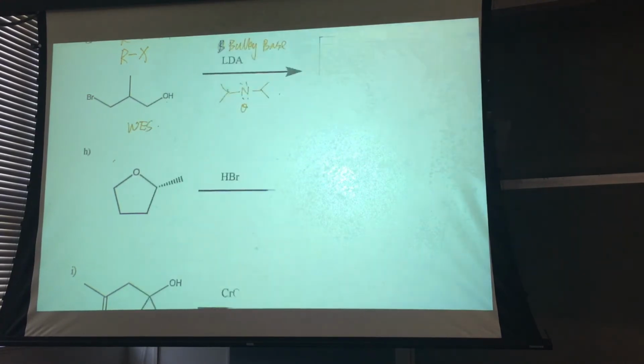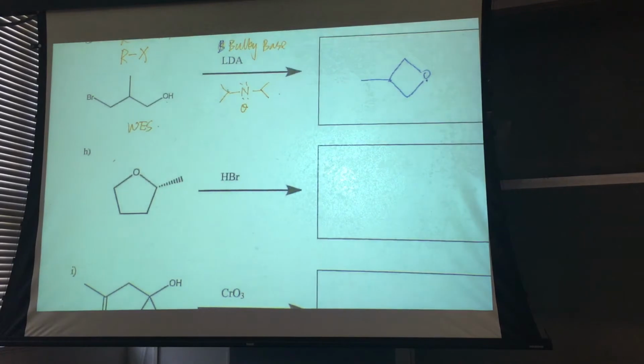Okay, question there. But if you can actually get a 6-member ring if you use that O minus to attack another molecule? No, because intramolecular is better than attacking something else.